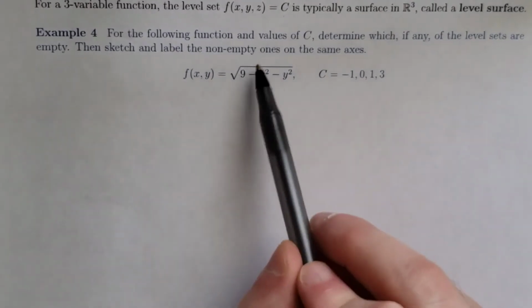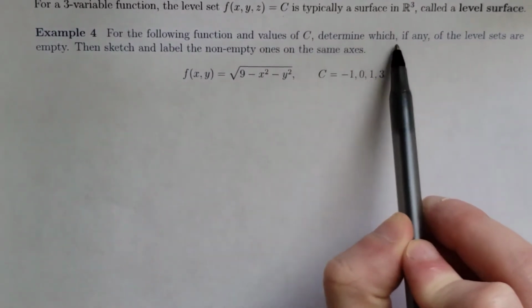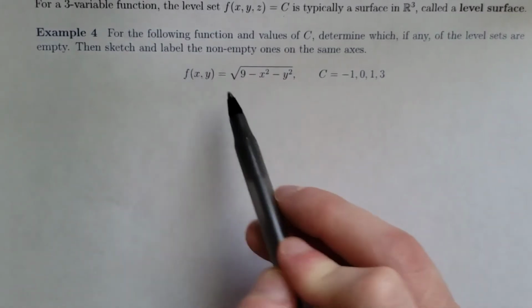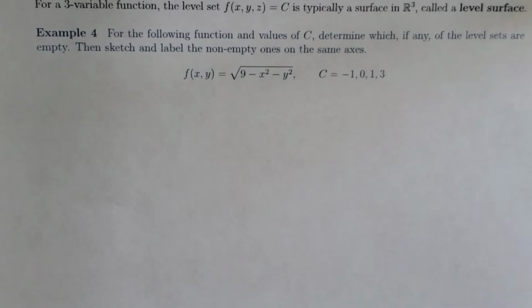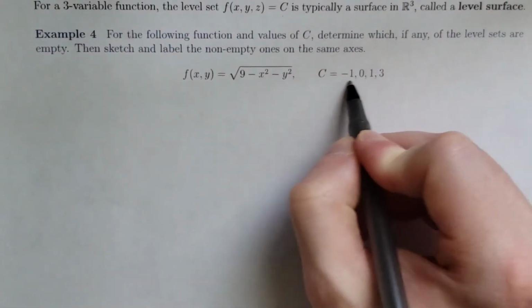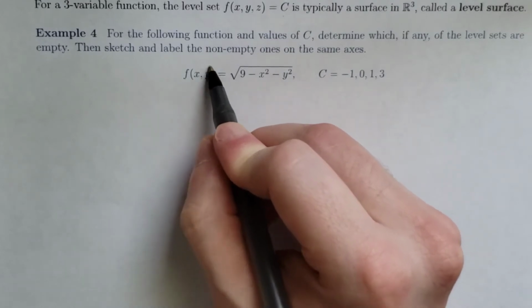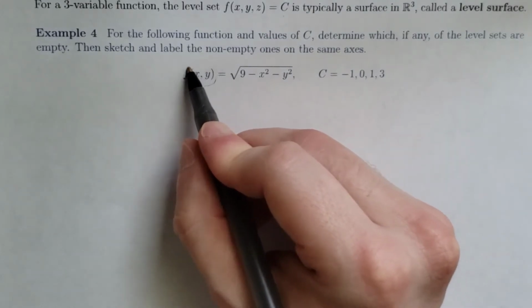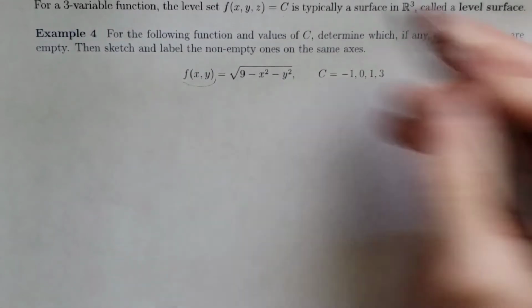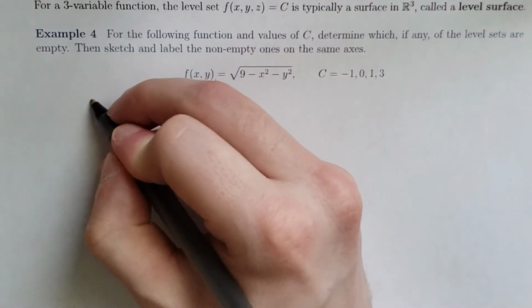Okay, so for the following function and values of c, we're going to determine which, if any, of the level sets are empty, and then we're going to sketch and label all of the non-empty ones. So all we have to do here is set c equal to each of these values. Well, what is c? c is our level sets. We replace f of x, y with each value of c. So let's just do these one at a time.